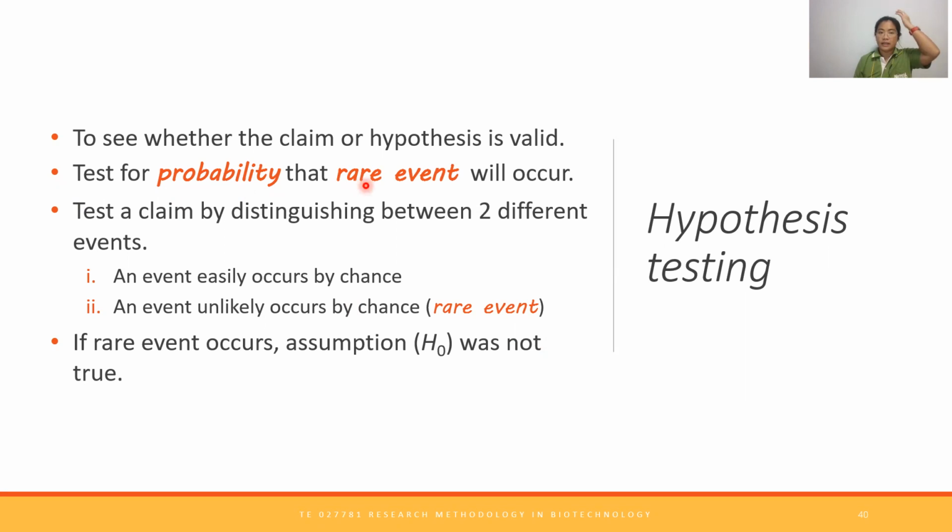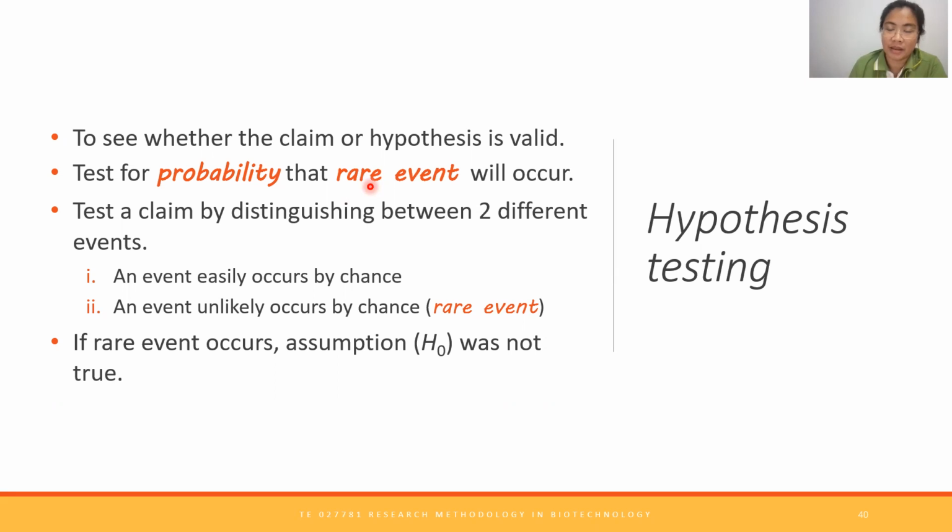Focus on these two words: it's a test for probability. When we say probability, it is not right or wrong, 100 or 0, true or false, black or white. It is the probability that something will happen at that much percentage. So it's the test for the probability that a rare event will occur. Whatever you want to prove is a rare event.